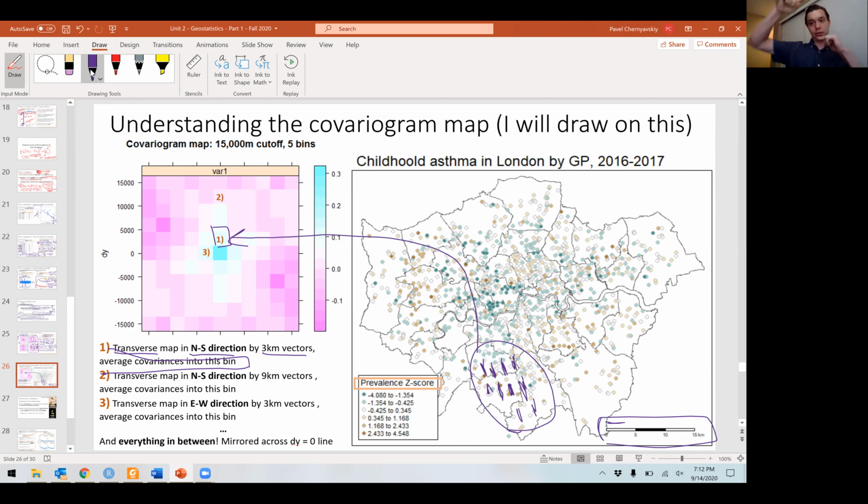Because these are directional, they're not pointed. As in, the north-south vector goes like this. That is not the vector north. So that is why my covariogram map is mirrored along this horizontal line right here.